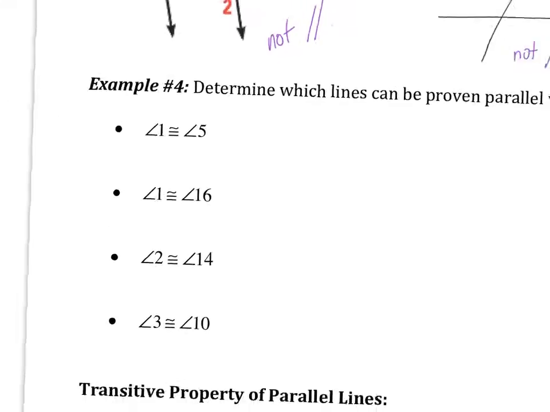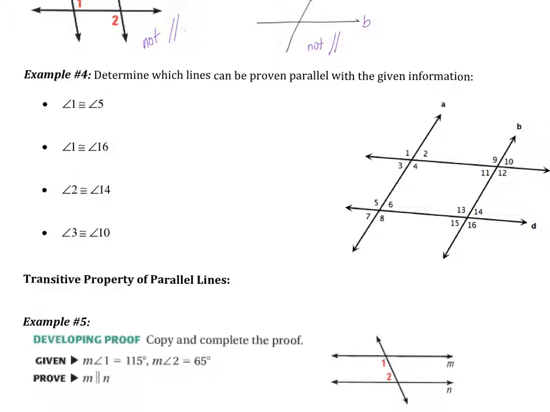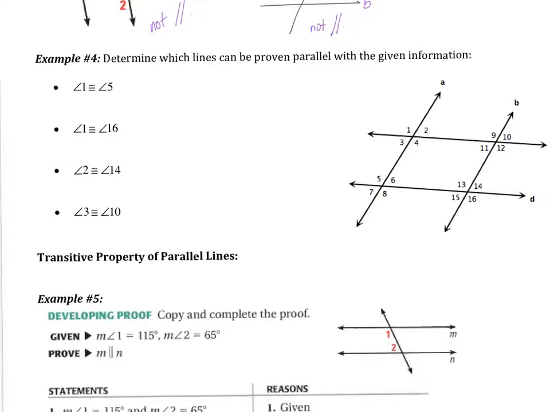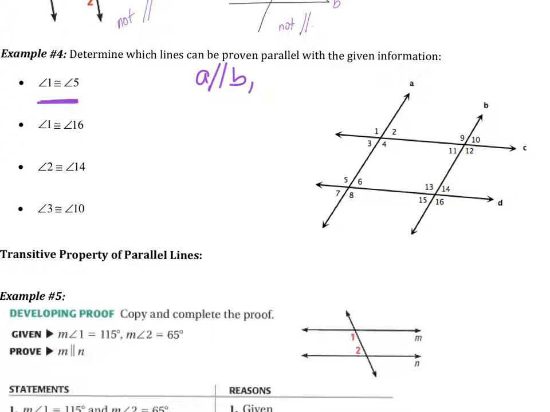All right? Over here, example 4. Based upon the information given, determine which lines can be proven parallel. Now, your possible answers here, just to check for understanding: based upon these angles being congruent, either A is parallel to B, that's a possible answer, C is parallel to D, that's a possible answer, or you're going to say not parallel.